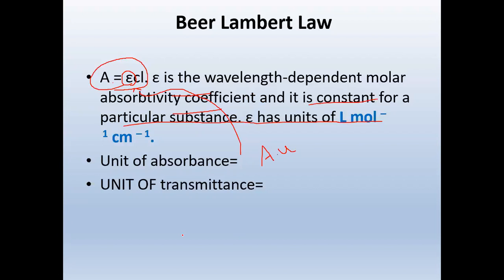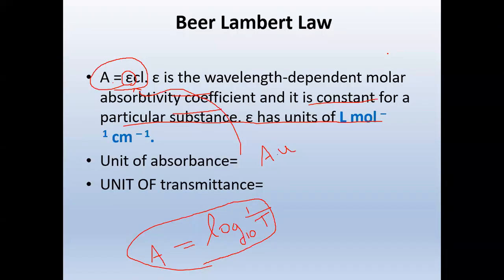And how to find the transmittance? The relation between transmittance and absorbance is that absorbance is equal to log to the base 10 of 1 by T. So in such case, we know that the log value will be resulting in a constant. Transmittance will be percentage transmittance, and the units can be directly found from the absorbance unit in terms of AU. And basically from this equation itself, you can understand that transmittance does not have any unit.